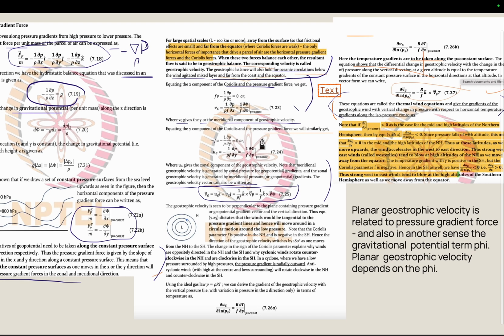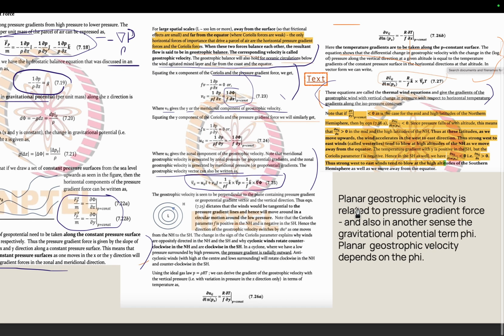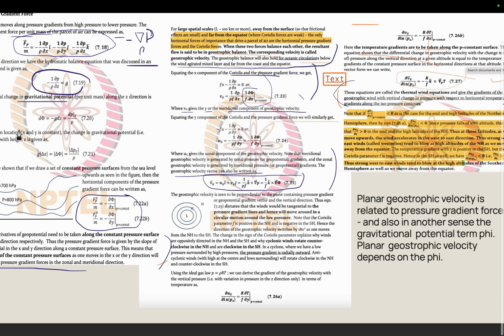You can see here just by summing these equations. Also there is a phi dependence, so you can say that this geostrophic velocity vector is related to the pressure gradient by one equation, and by another equation it is also related to the gravitational potential, or phi.